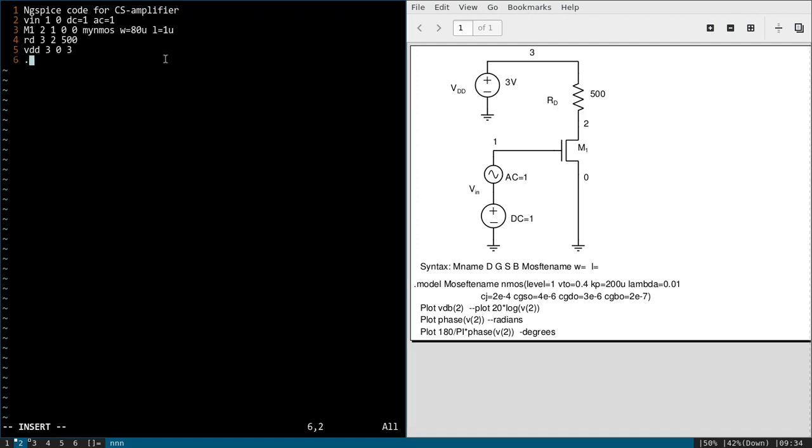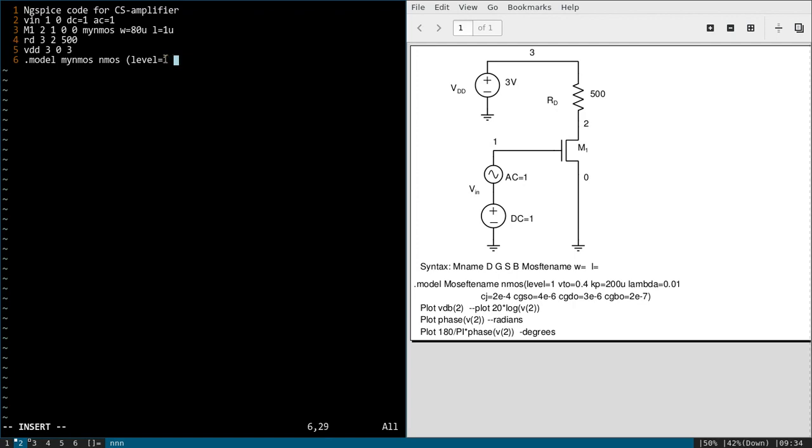And now we will define the MOSFET, that is .model, name of the MOSFET, that is my nMOS, and it is nothing but an nMOS device. And we are using level 1 parameters.